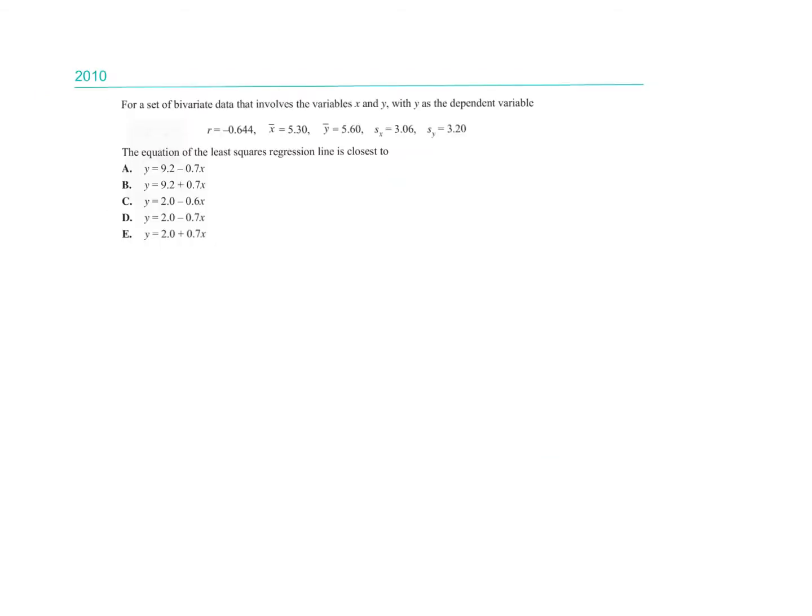Okay, so when we're asked to do the least squares regression line and we're not given the list of data, we should realize that we're using those other formulas. So these ones. So we need to calculate the B value, where we can use the R, so negative 0.644 times SY, which is there, 3.20, divided by the standard deviation of X, which is there, and we'll get the answer.